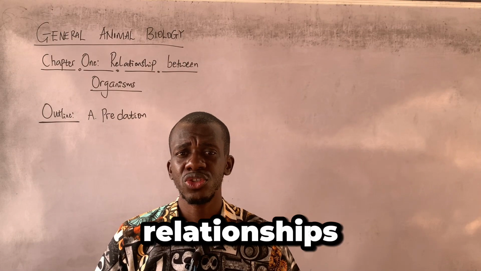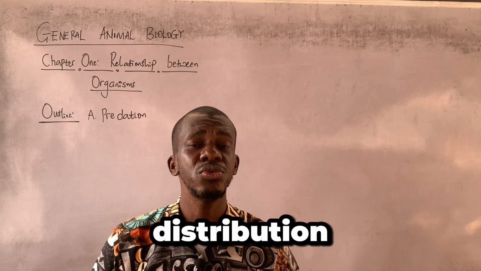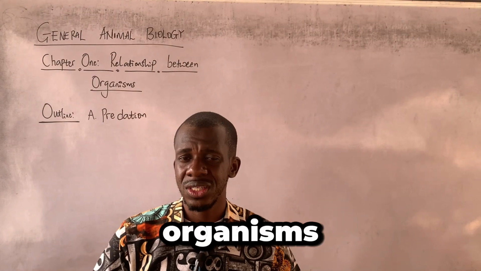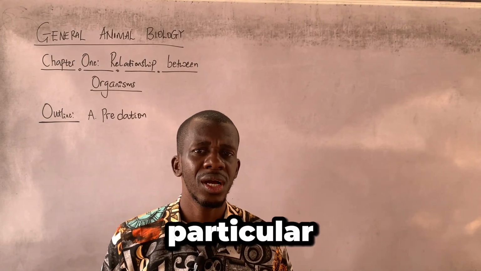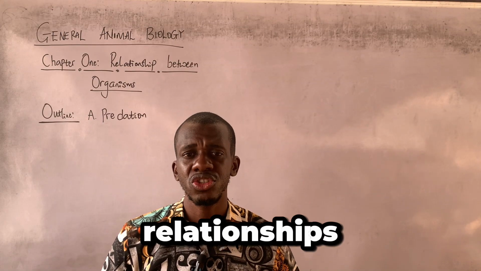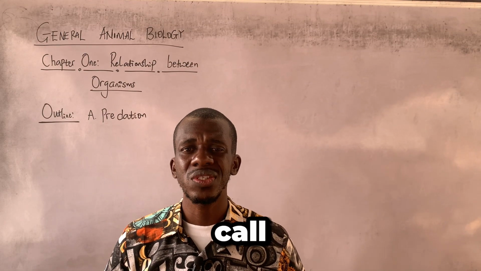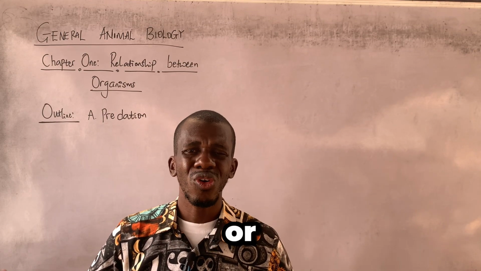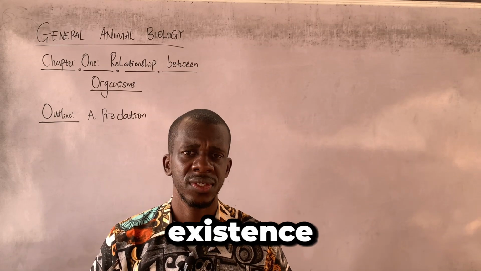Yes, these relationships determine the distribution of animals or even organisms in that particular community. All right. These relationships guarantee what we call continuity of life or continuity of existence.